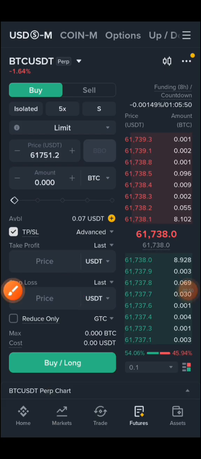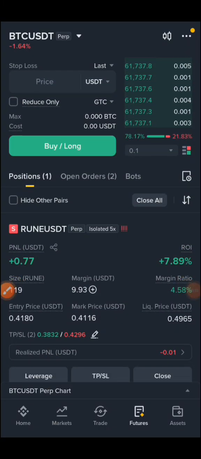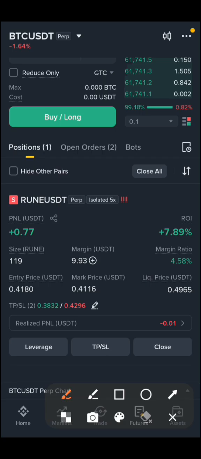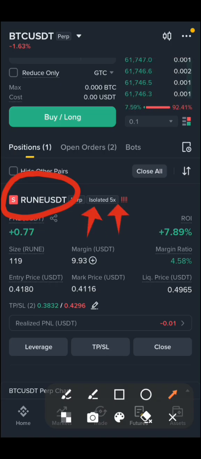For example, right here I have a running trade already. This trade is currently running, and you can see the coin is running USDT right here, and I used isolated mode, and the leverage is ×5.